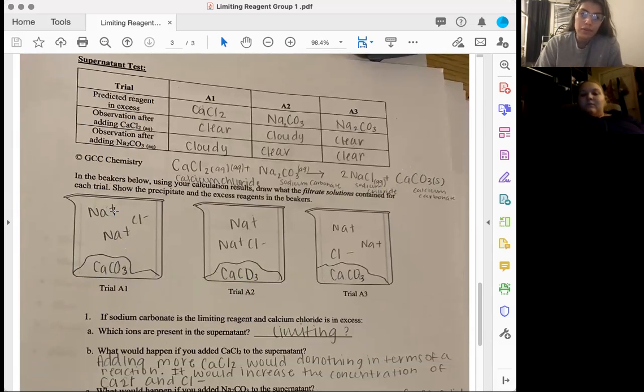And what's going to be floating in our H2O is going to be the Na and the Cl, and that's going to be for all three because they all were basically the same, just more of the substance or more of the liquid that was added to it.